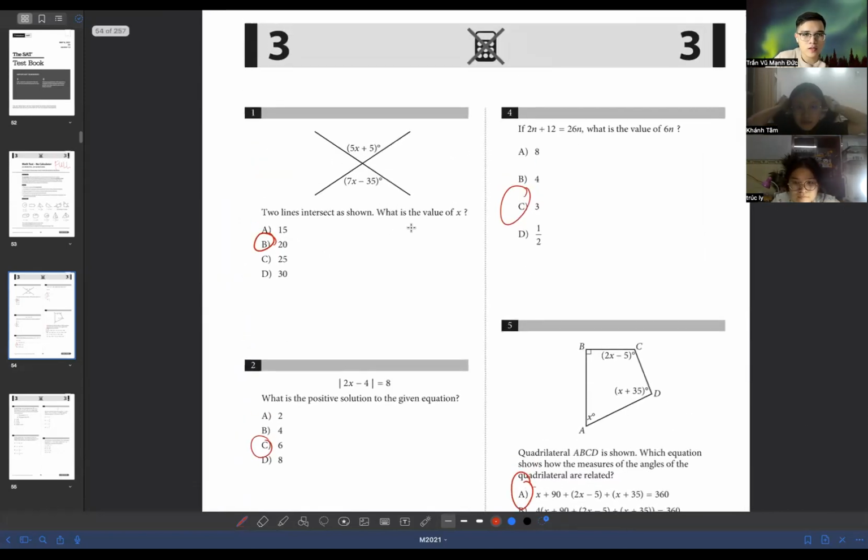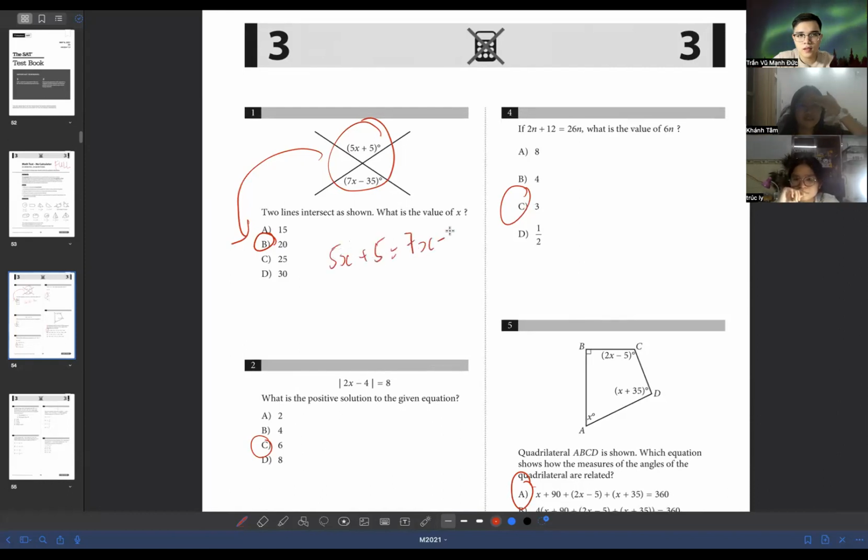There's one thing I noticed, which is this field of knowledge. How did you come about this one? I wrote an equation that 5x plus 5 equals 7x plus 5 equals minus 7x minus 35.